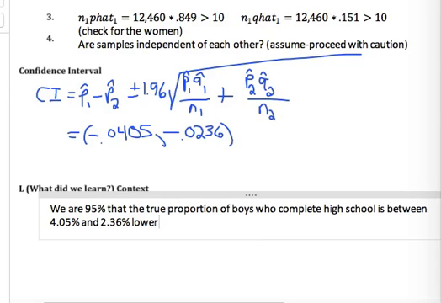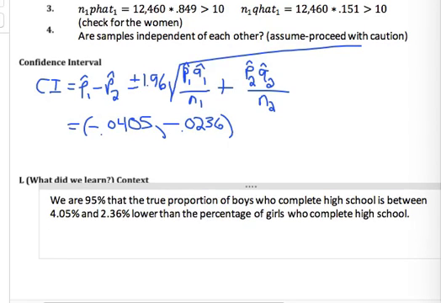Because they were negative, right? Now if one was negative and one was positive, you'd have to put something about lower and higher, right? So that would be a little bit harder to word. Hopefully we'll do that one in a second or next week, okay? So we're going to say lower since they're both negative. Lower than what? Than the percentage of girls who complete high school.